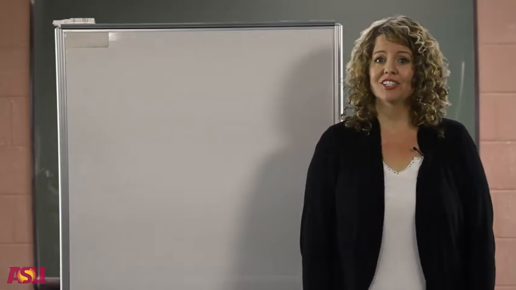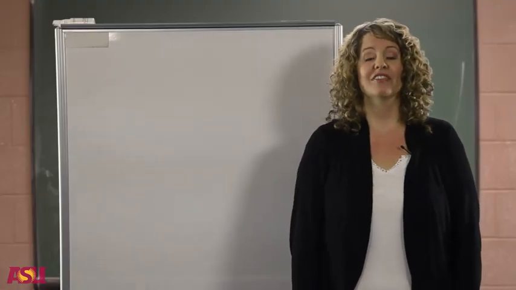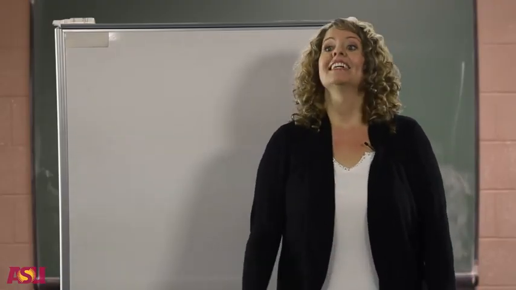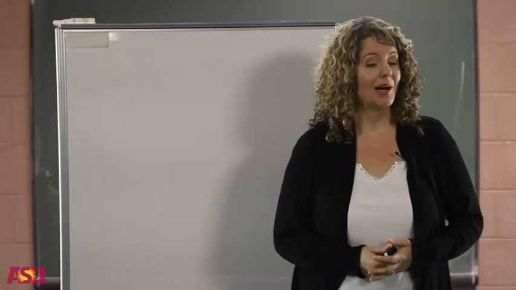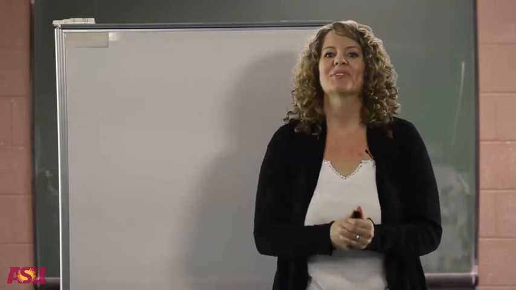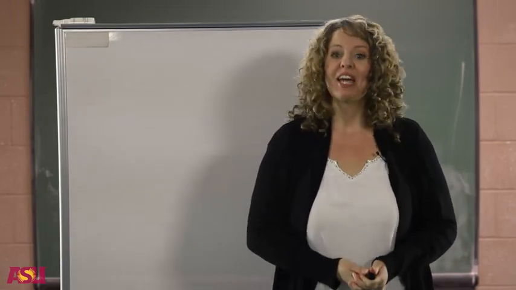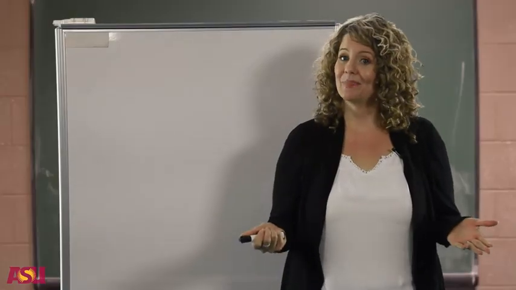So let's write the first sentence of our body paragraph together. The first sentence in the body paragraph of an essay is, yes, that's right, a topic sentence. And the purpose of a topic sentence is to, exactly, introduce the main idea of the paragraph. So, what should our topic sentence be?